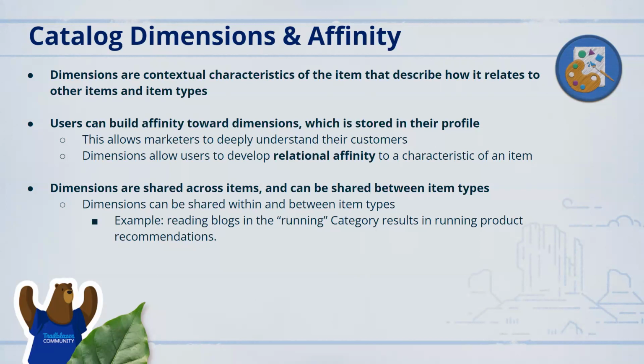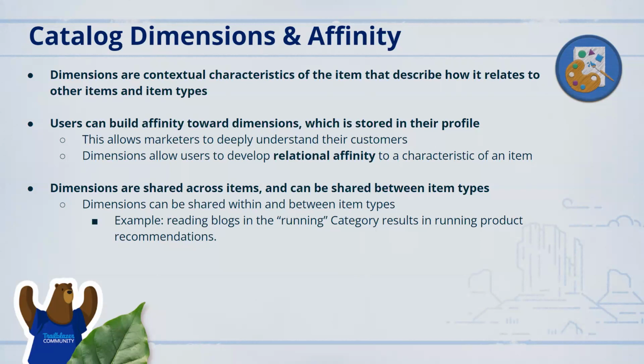So dimensions can be assigned to products and blogs or to each other to describe the context of that item. There's a special type of dimension called categories, which allows for a hierarchical structure. Categories can have parent or child categories, and that allows for a further contextual understanding of how those categories relate to each other.